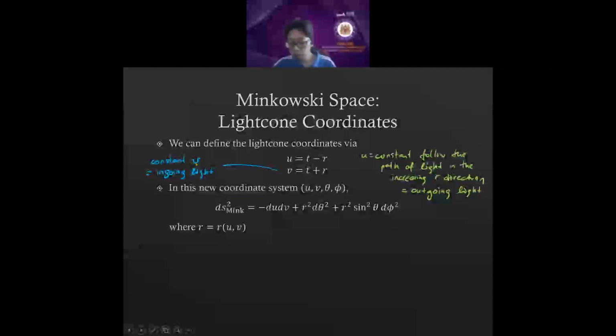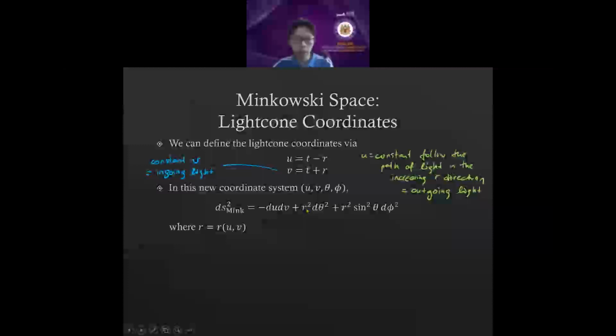Now we can do a manipulation similar to what we did before, when we were changing the coordinates from Cartesian coordinates to plane polar coordinates. We can do a similar manipulation to write the metric in a new coordinate system, the u, v, theta, and phi coordinate system.